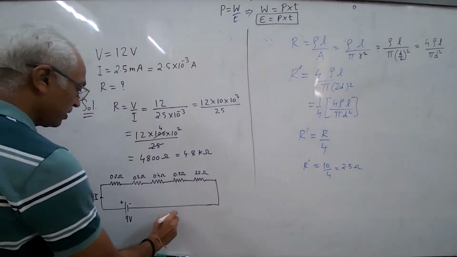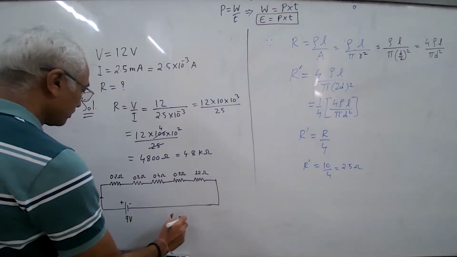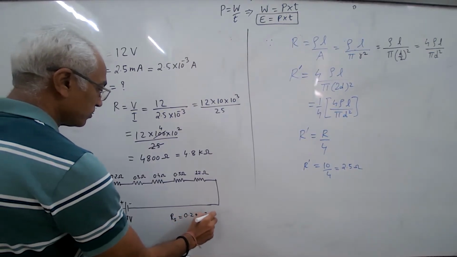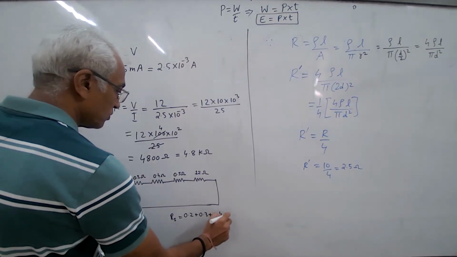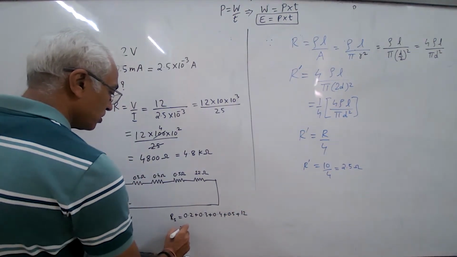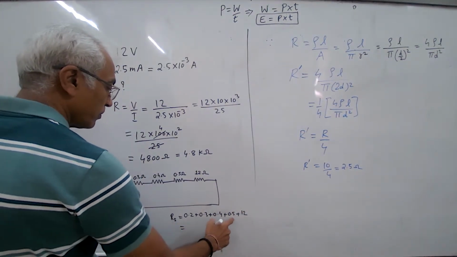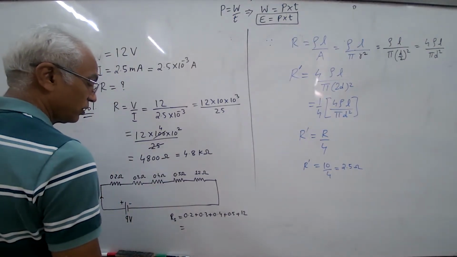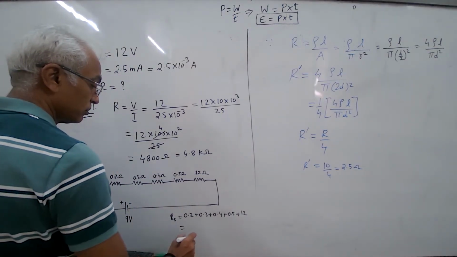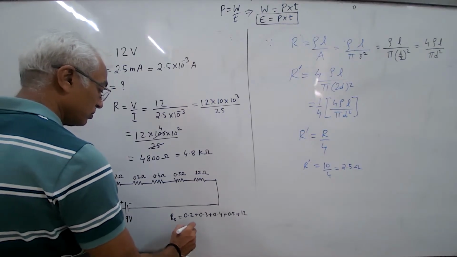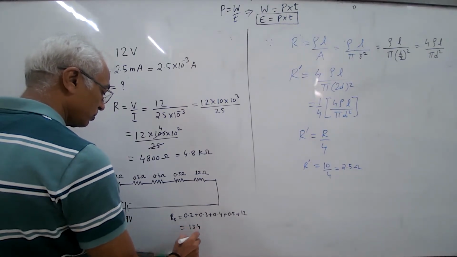So RS, find RS. Just add. 0.5, 9, 9 plus 14, then 13.4.